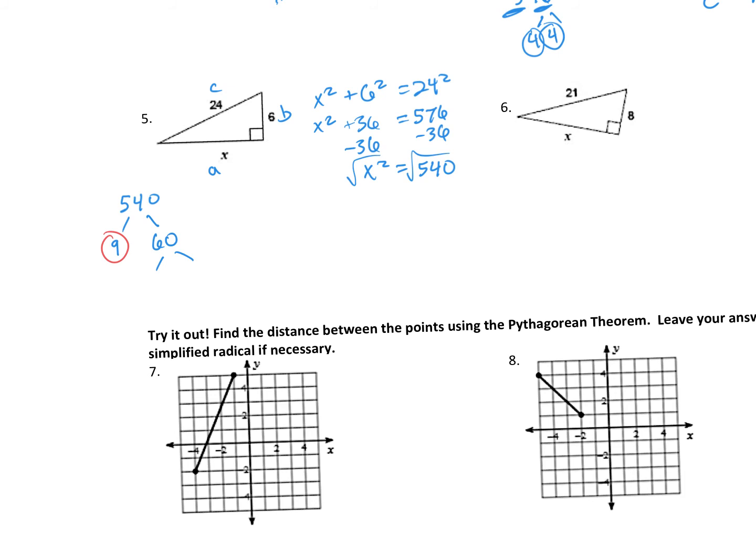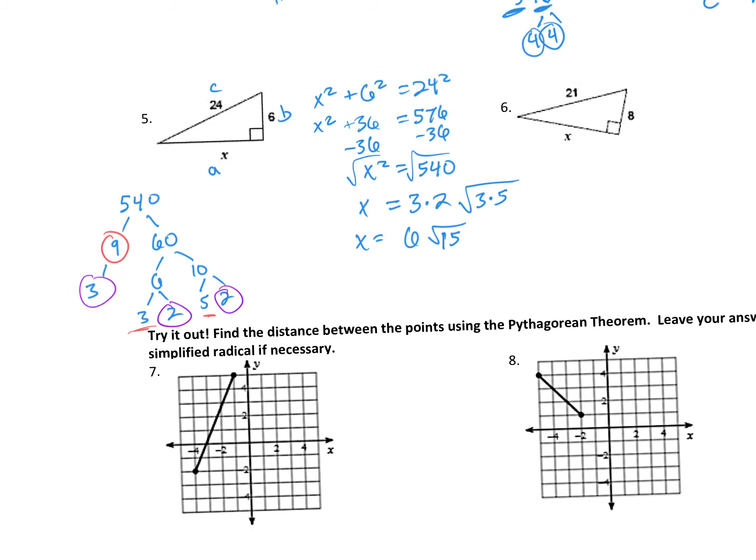But I don't have any perfect squares there, but 6 is also 3 times 2, and 10 is 5 times 2. I got 2 pairs of 2 right here. If I square root 9, this becomes 3. So I got a 3 and a 2, and I am left with a 3 and a 5. So this is x equals 3 times 2, and I'm left underneath with 3 times 5, which is 6 root 15.